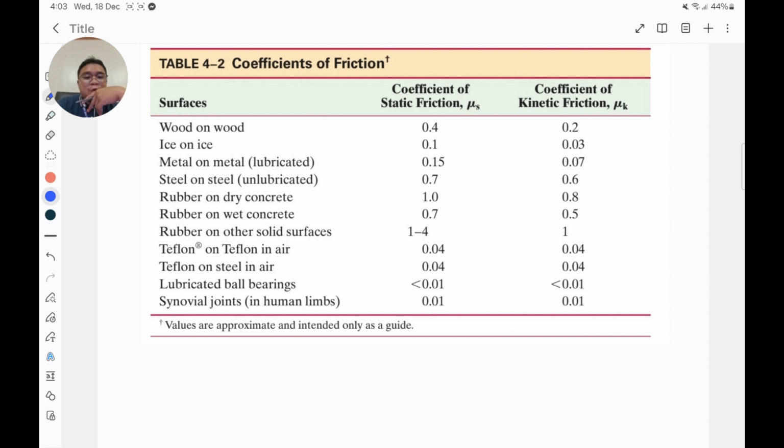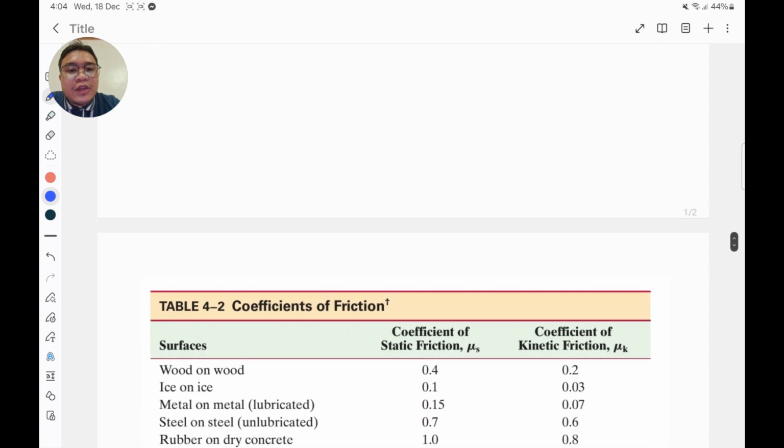Okay, so for the coefficient of kinetic friction, as you can see, it is somewhat lesser in value than the coefficient of static friction. It's because the object is already moving there, so there is somewhat a lesser tendency for this object to resist the motion of the object being applied with a force. Okay, so that's how we are going to understand these values here.